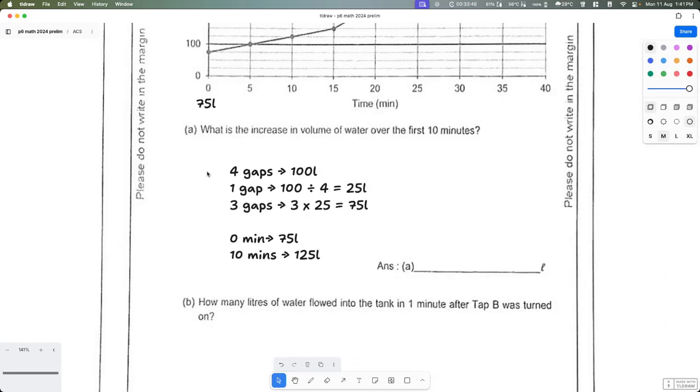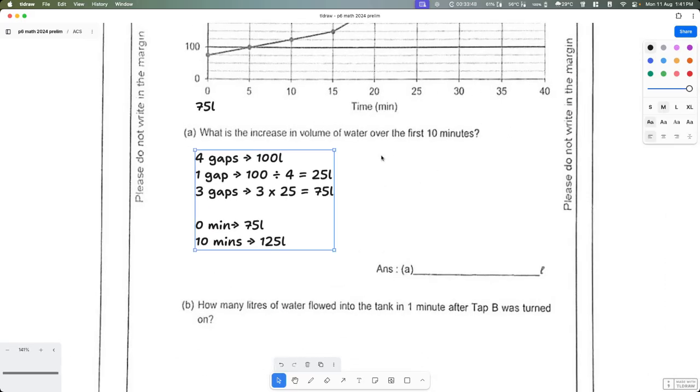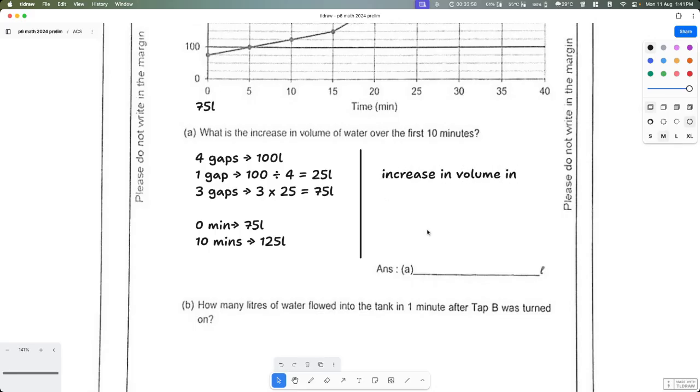So what's the increase in volume of water? The increase in volume in the first 10 minutes is equal to 125 minus 75. In this case this will be 50 liters. So the answer is 50 liters over here.